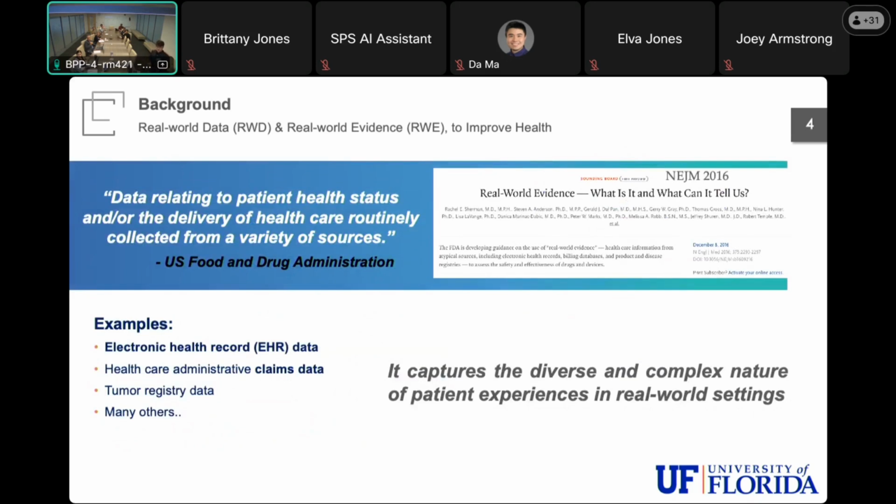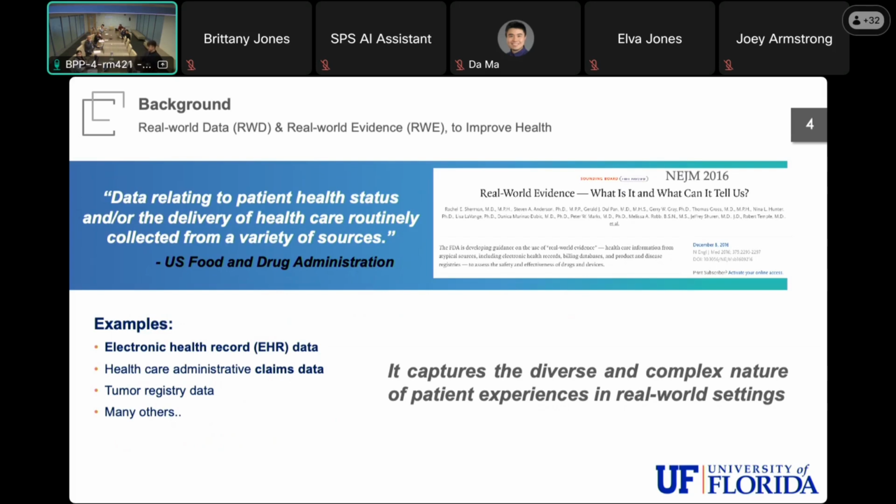Every day, the U.S. healthcare system generates vast amounts of data, from the clinical notes captured in electronic health records at the hospital to the administrative billing claims submitted by the providers and captured in insurance programs, and much more.